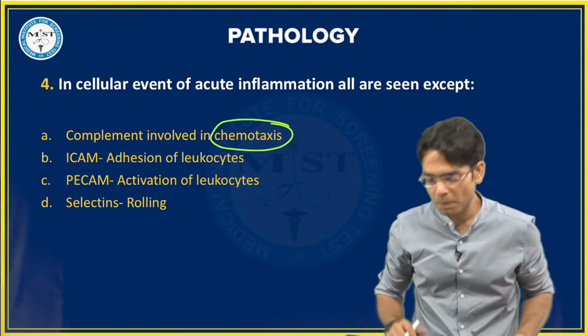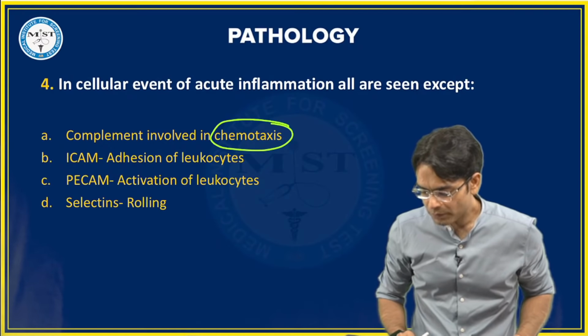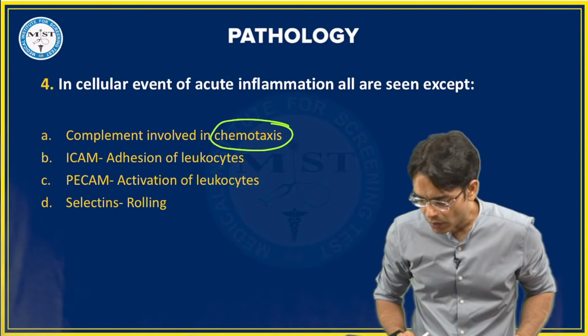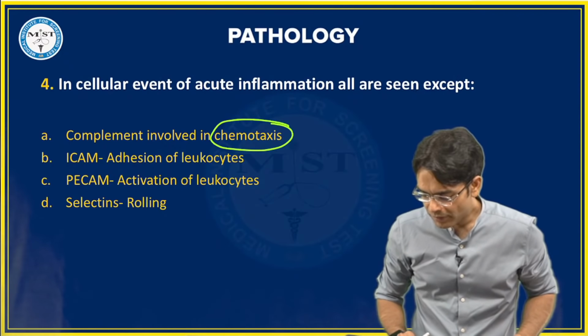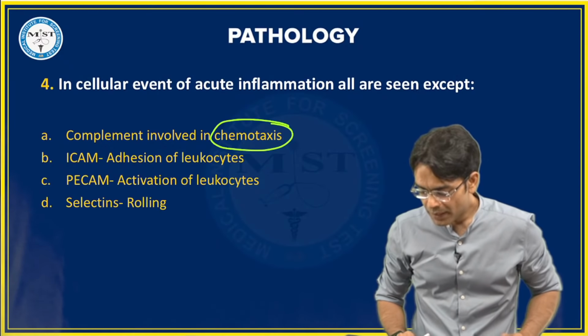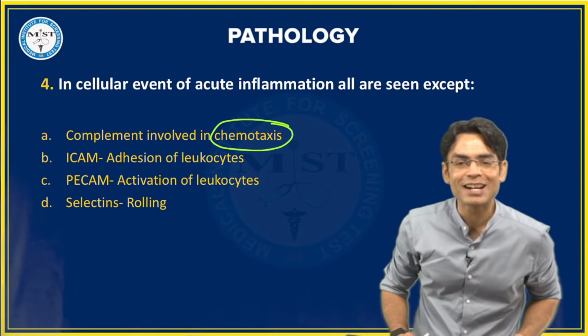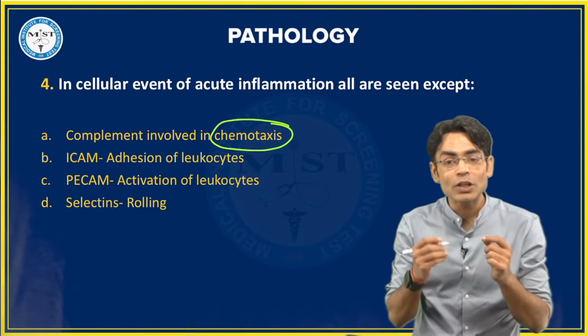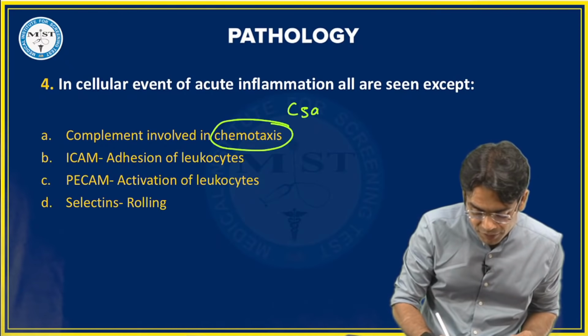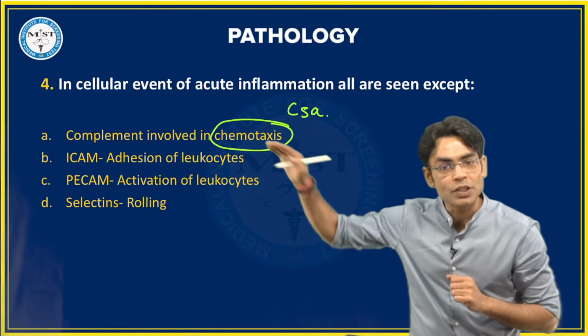Most important molecule. Fazan Bashir, very good. Pushpendra, you are right. Prerna, you are right. Now you are starting to give me the right answers. For chemotaxis, the most important molecule is C5A. And from where are you getting the C5A? From the complement itself. So this is right.